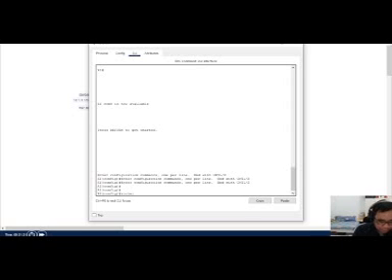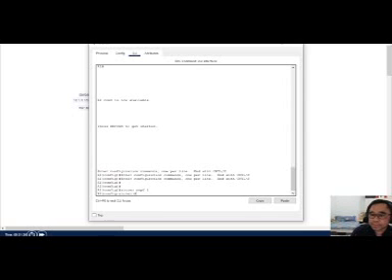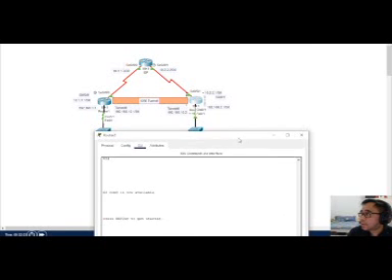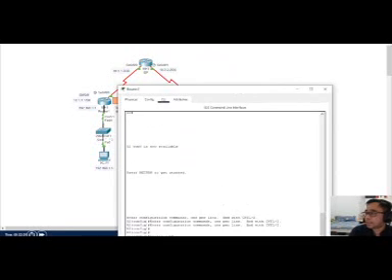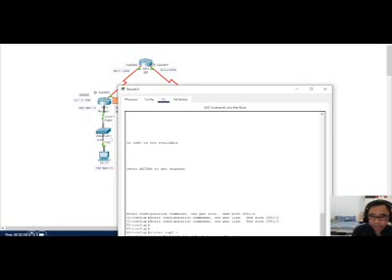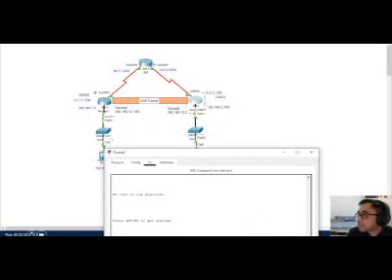Router OSPF 1. Okay. We put the network 192.168.10.0 0.0.0.255 area 0, correct? Okay, then we put this IP range.